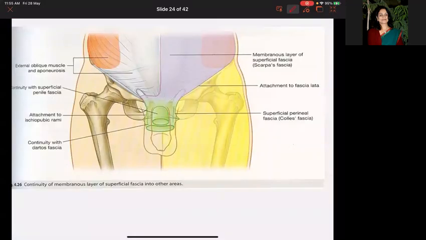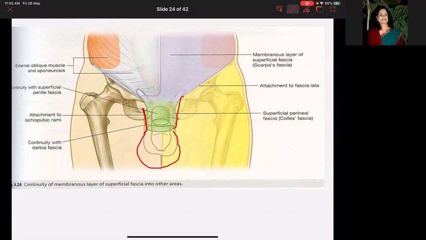You can see here, this is the superficial membranous layer called Scarpa's fascia, which is continuous downward into the scrotum in the male and the labia majora in the female.